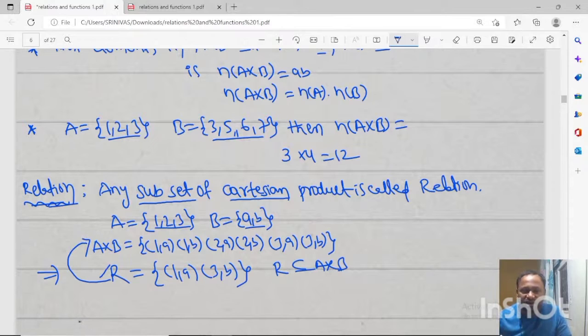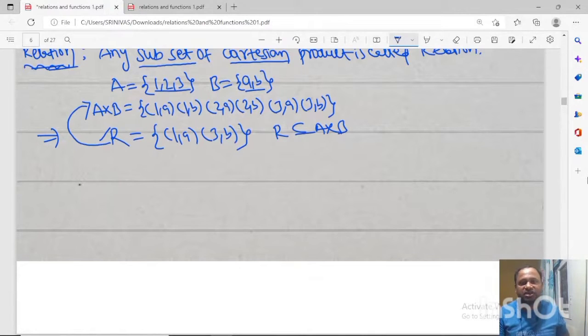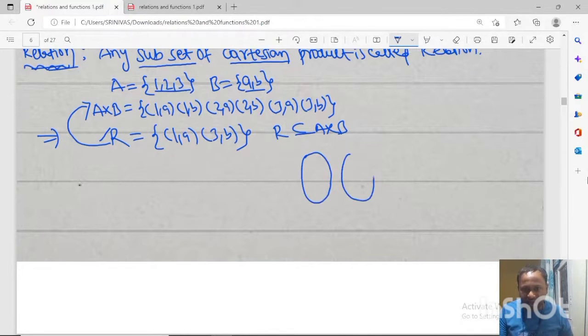How can we represent this relation? See this, to represent this relation I will use arrow diagrams. This is A and this is B. Here I have 1, 2, 3 and here I have A, B. 1A, 1 is related to A. This is called an arrow mark. And here 3B, 3 is related to B. So this is the way to represent the relation.